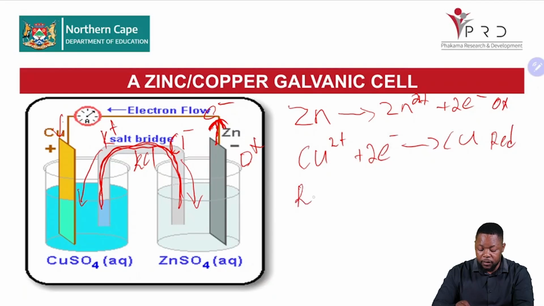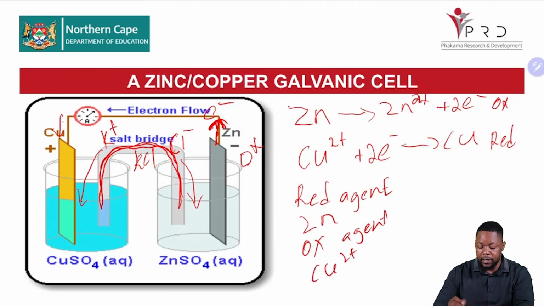Therefore, our reducing agent in this example will be the zinc, because it's the one that will lose electrons. And then the oxidizing agent in this example will be the Cu2+ ions, which are the ones that are gaining electrons.